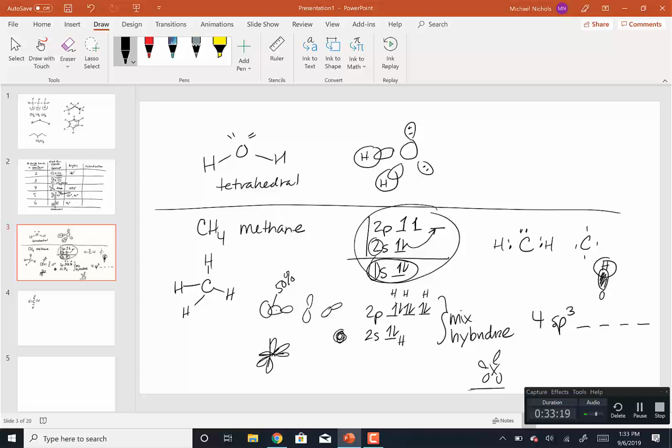But in the real world, there's a 3s, 3p, and a 3d. And so you have to go to row 3 in order to form an expanded octet, because now I have 3 different orbitals to add together to mix. So that's how we form the hybridization.